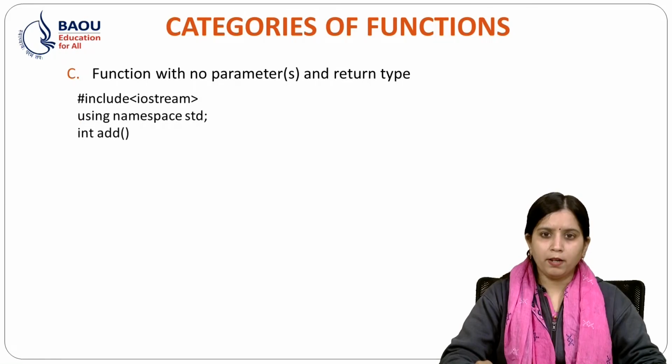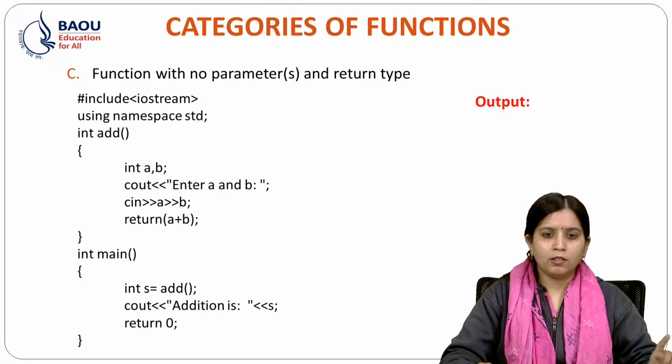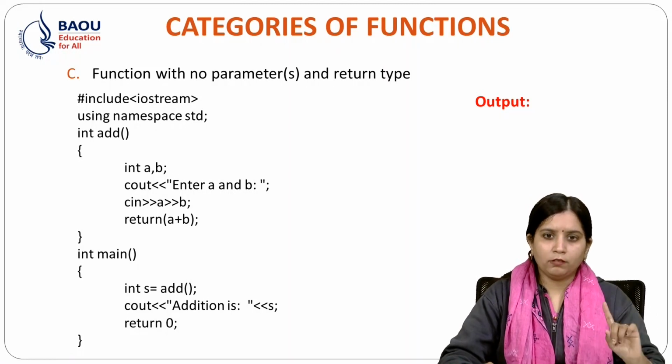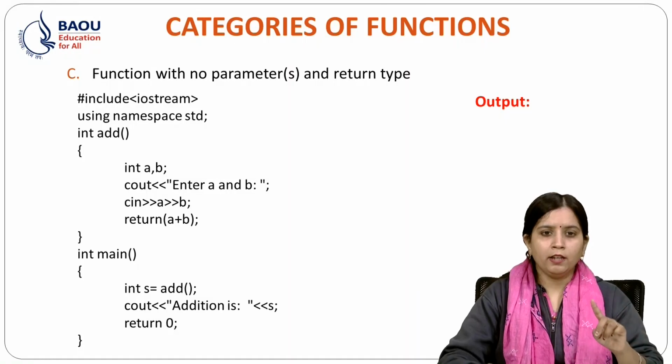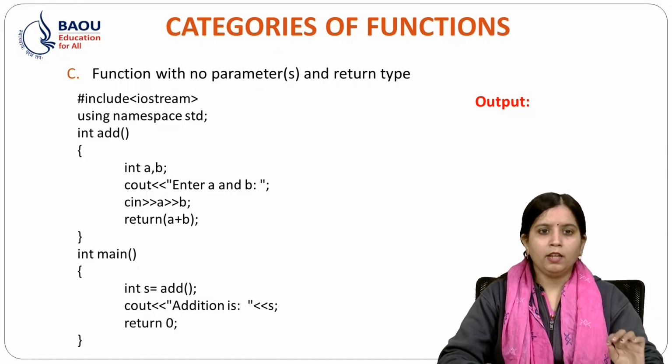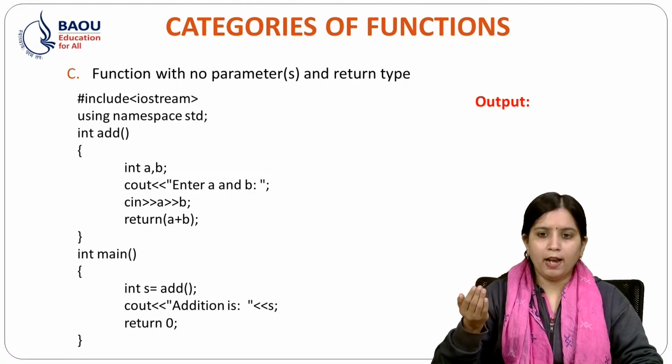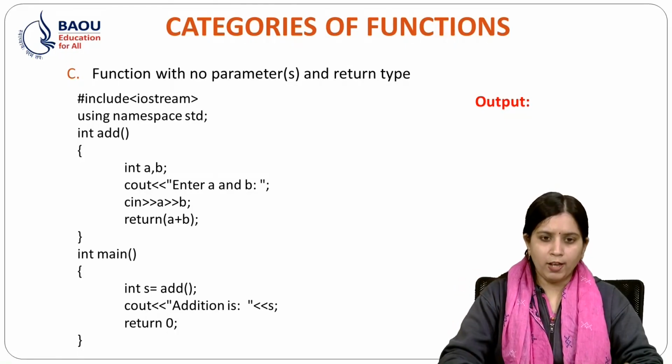So let's see another type, function with no parameter and return type. Same as the last function, but over here I am returning a value, that is int, of a and b. In the add function I have declared two variables a and b and return the summation of the values. And in int main I have declared one integer variable.